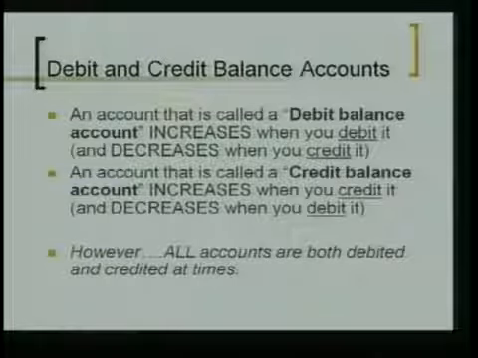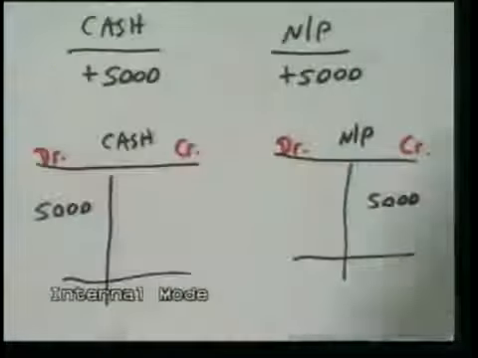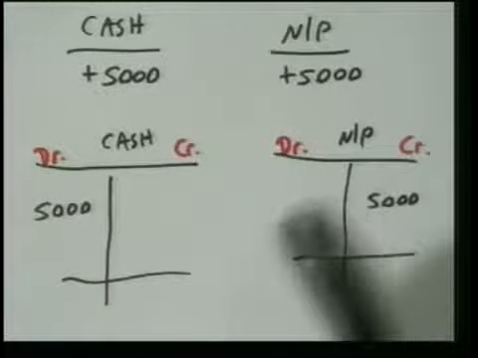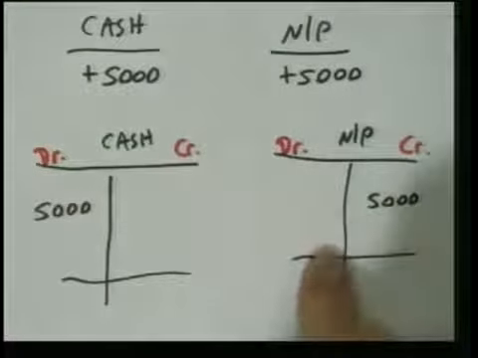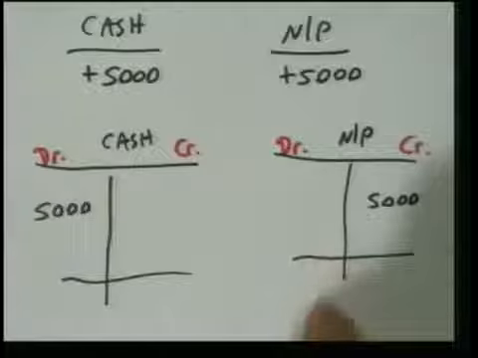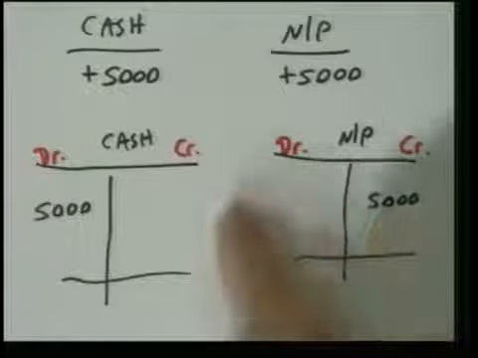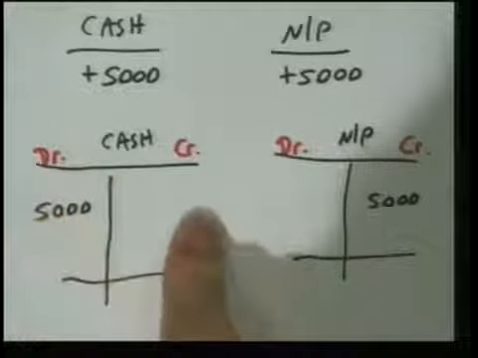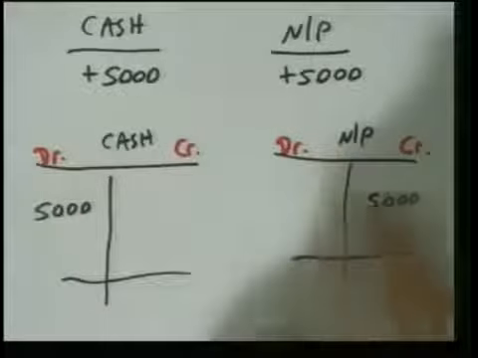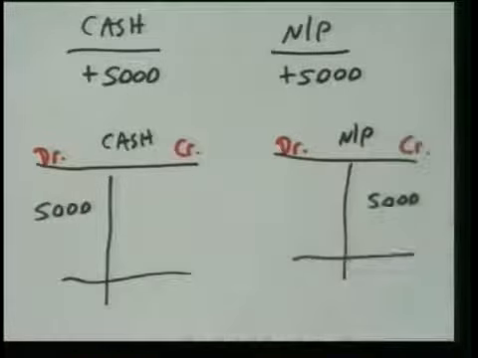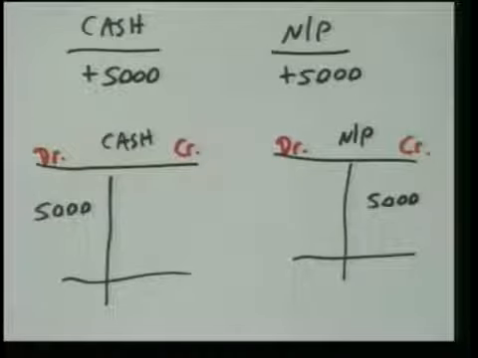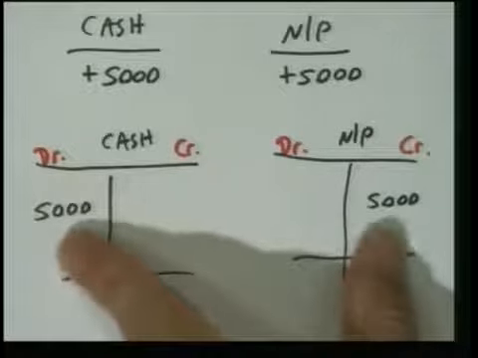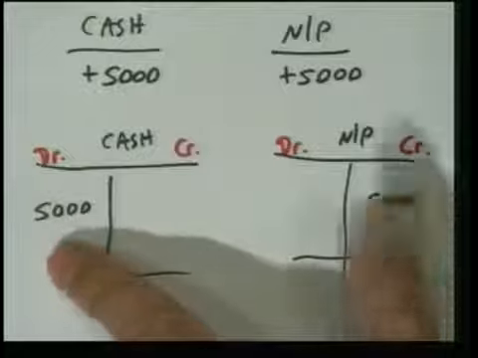Another thing. Regardless of the account, opposite sides of the line, opposite effects. So if this is an increase, then this side is a decrease. If this is an increase, this side is a decrease. Opposite sides of the line, opposite effects, right?